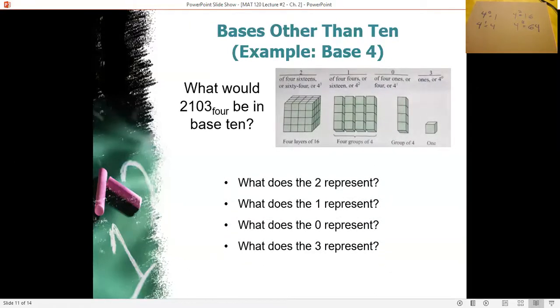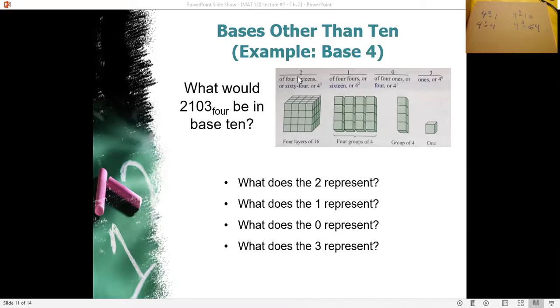If you want to visualize what this might look like, this is the 1, this is the 4, and it's like a stick. This is 4 groups of 4, which would represent 16. And this is 4 layers of 16, which represents the 64.